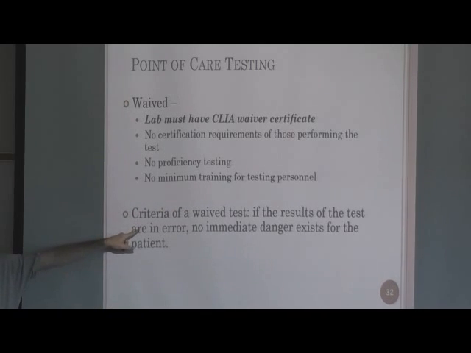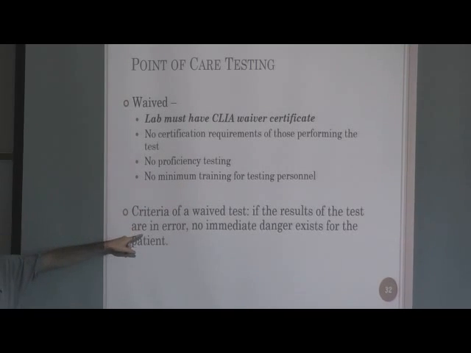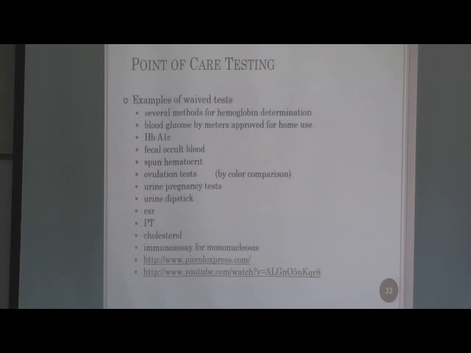The criterion for a waived test is that if the results of the test are in error, there's not going to be any immediate danger for the patient. That's why you can take them home and do them, they're approved for that, so there's no danger if you get a bad result, like if it says my blood glucose is 800, but I'm not in a coma. If that was an error in the result, right?